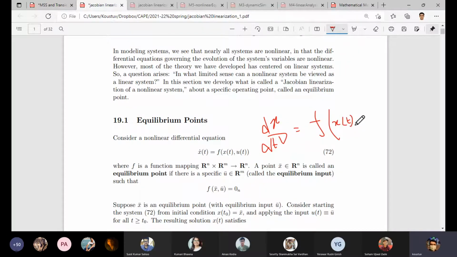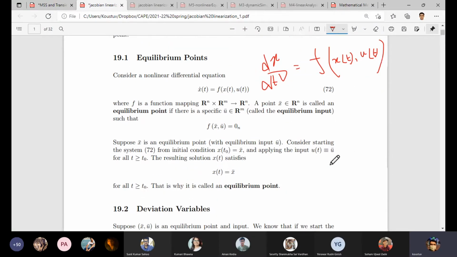It could be some mathematical function, and at x bar and u bar, the function value goes to 0. That means these two points are steady state points, which we are also calling equilibrium points. This definition will be clear to you now, that is why we call it an equilibrium point.